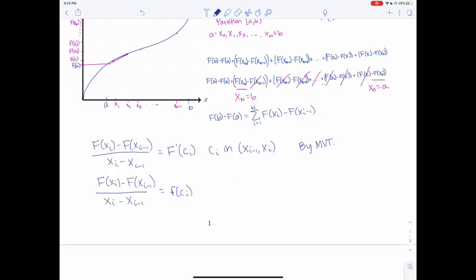Okay, and then we can multiply over. So we can rewrite this as, well, f of x_i minus f of x_{i-1} will be f prime of c_i times (x_i minus x_{i-1}).